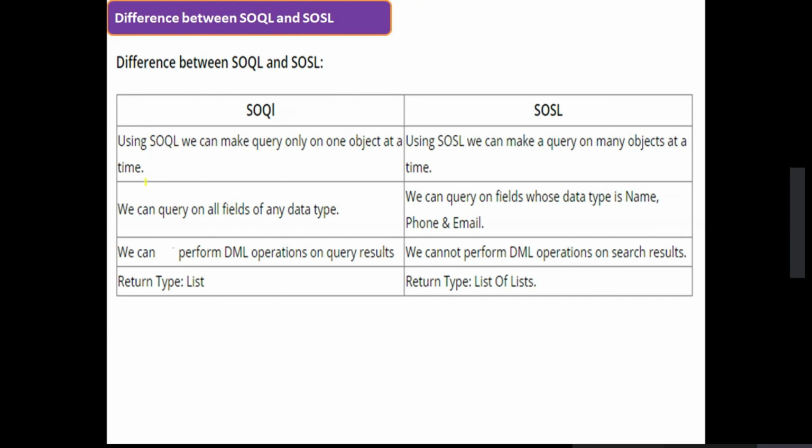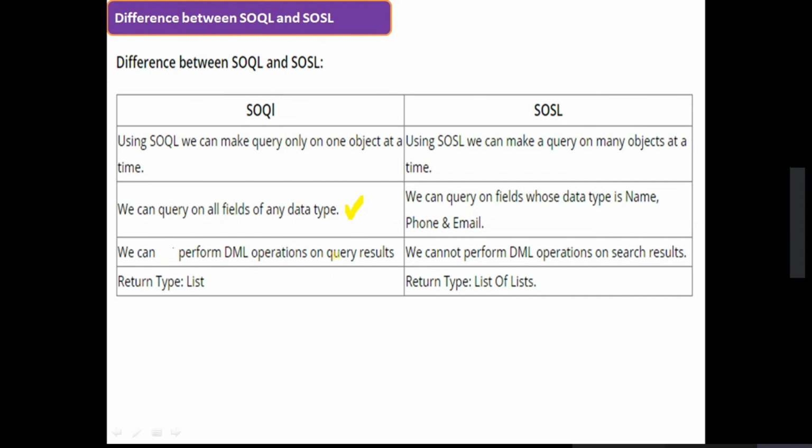If we have a relationship, then I can use 2 or 3 objects, but only one level of subqueries. We can query on all fields of any data type. This is an advantage. So using SOQL we can get all fields, all data types.